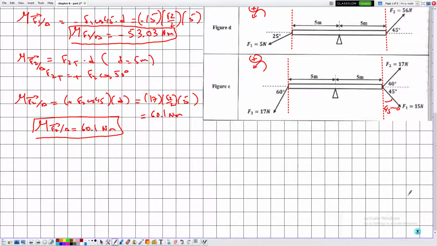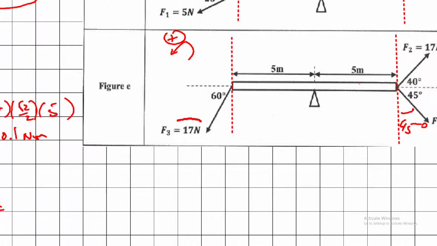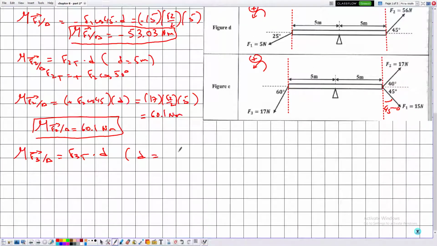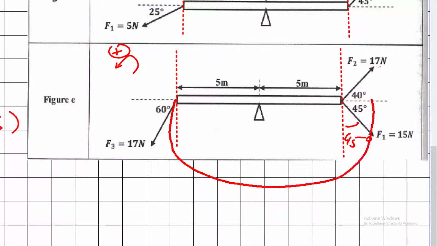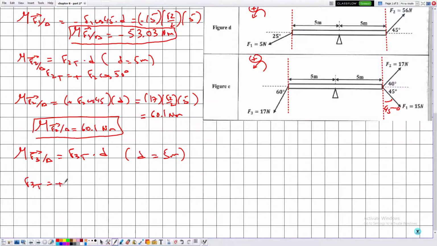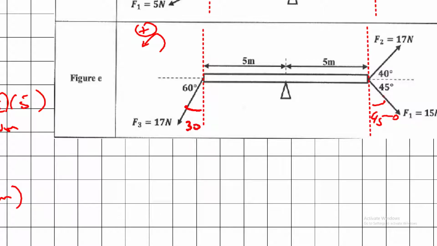And now regarding the force F3, the moment of the force F3 around the axis delta is equal to F3 tangential multiplied by D. The value of D between F3 and the axis of rotation is given by 5. So F3 tangential is equal to either a plus or minus sign. Notice that F3 in this case will rotate around like this in the positive direction. Magnitude F3 multiplied by the cosine between the tangential and F3, which is given by 30 degrees.